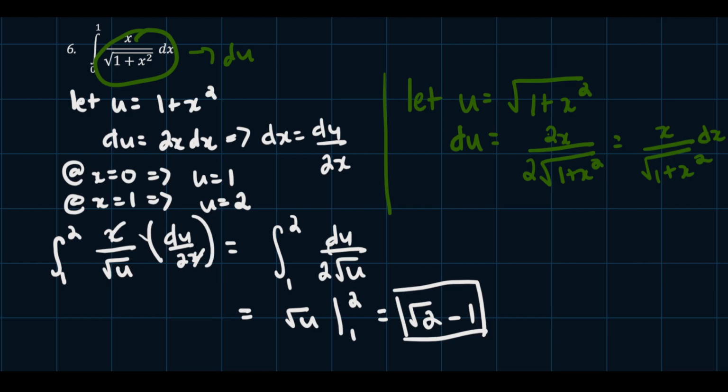So, we just have the integral of du, which is equal to u when we use this substitution. Okay? So, this gives us the square root of 1 plus x squared, evaluated from 0 to 1. The answer is still square root of 2 minus 1.